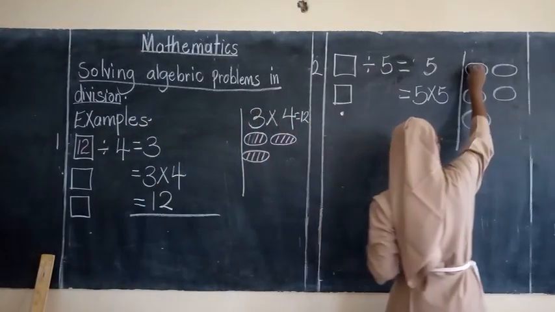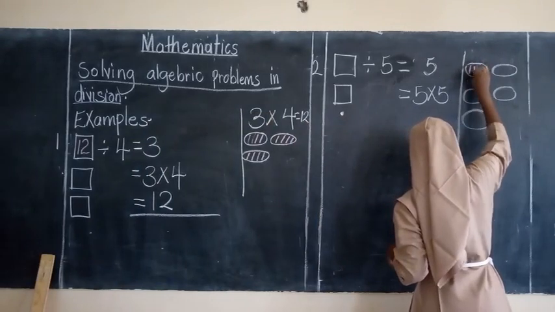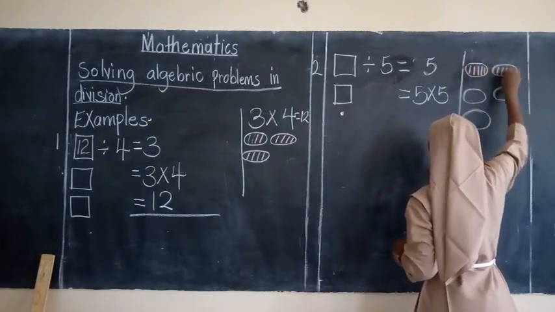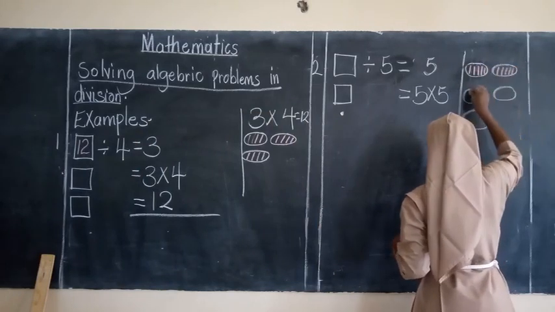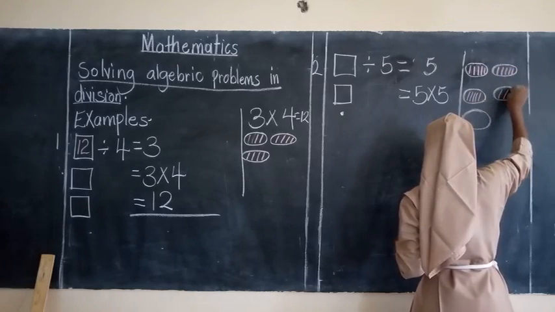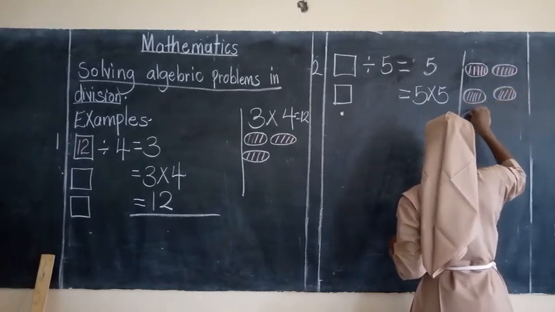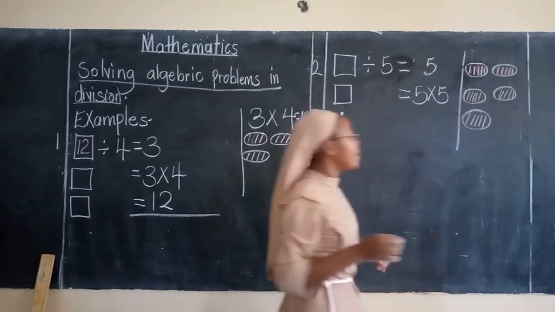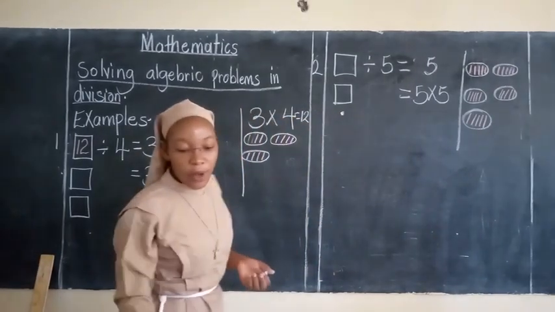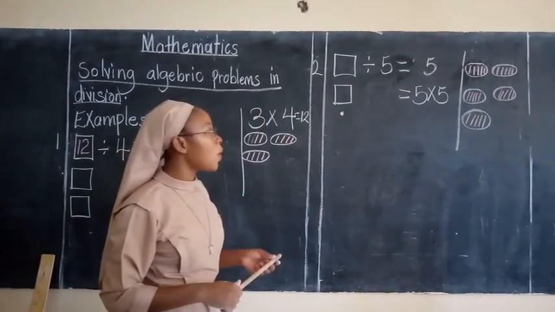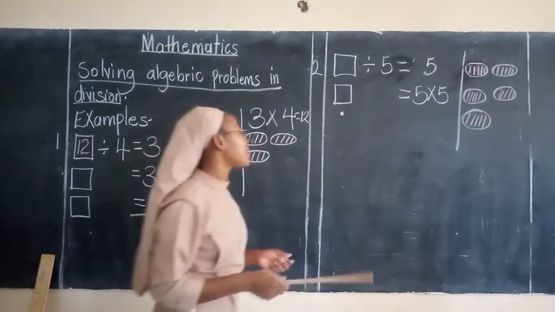So we put 5 counters in each group. 1, 2, 3, 4, 5 in each group. Make sure, dear friends, when you are drawing those counters, you draw the right number of counters.